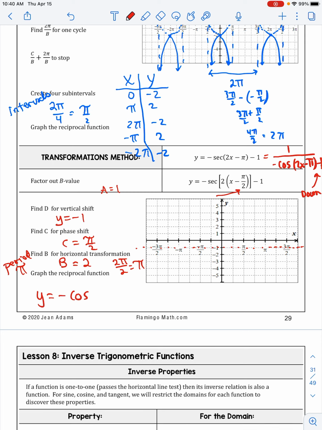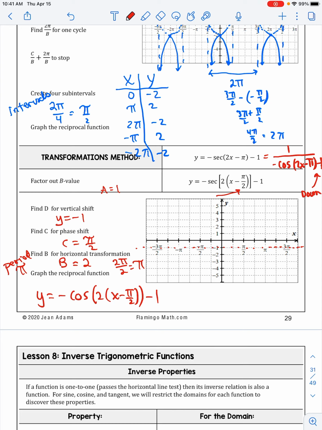And then that reciprocal function, like I said, negative cosine of 2 times x minus pi over 2 minus 1. So for this one, it's going to be at its lowest point at pi over 2.